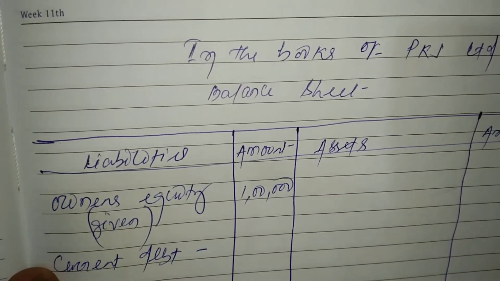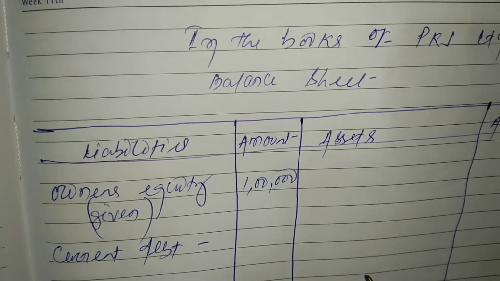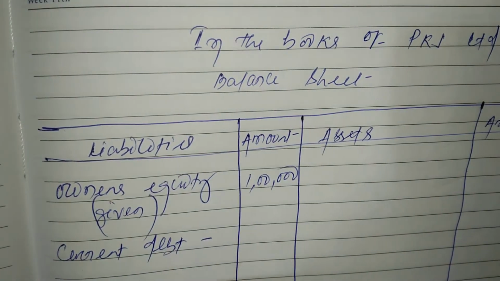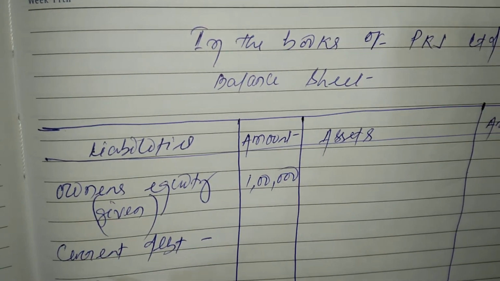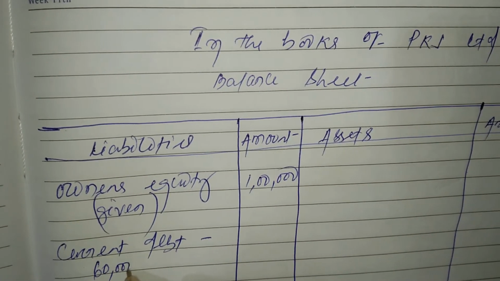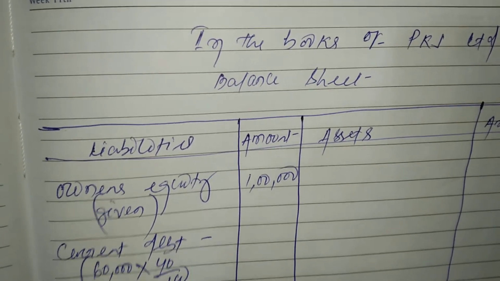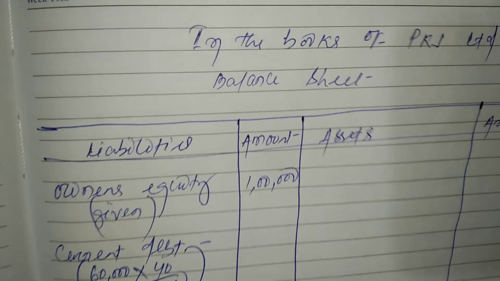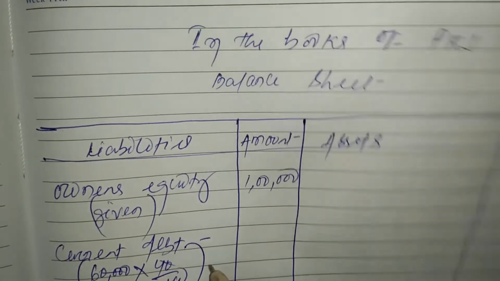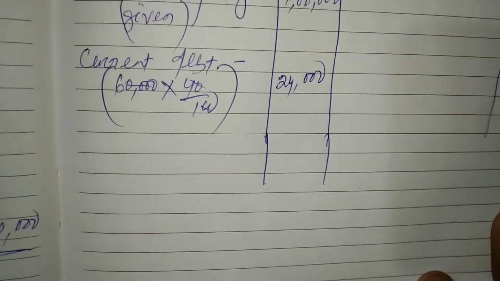It is already given that current debt to total debt is 40%, which means if total debt is 60,000, then current debt is equal to 24,000. Clear?